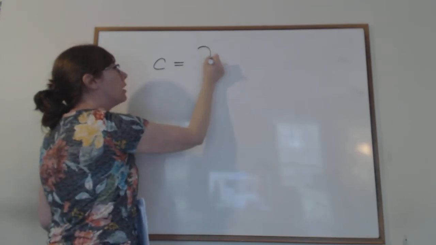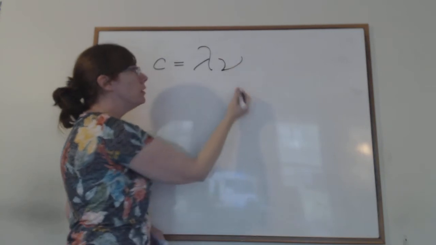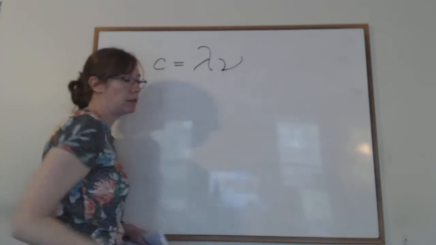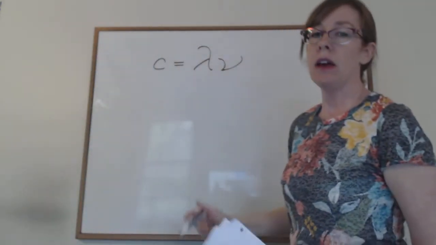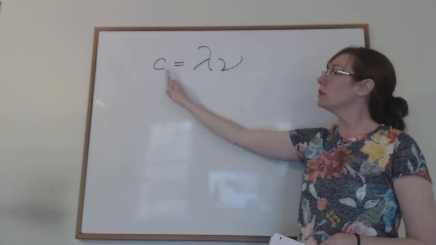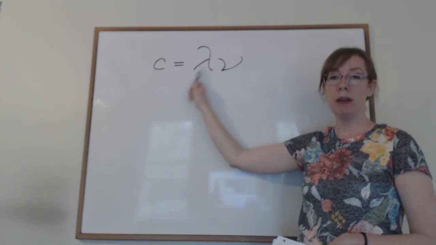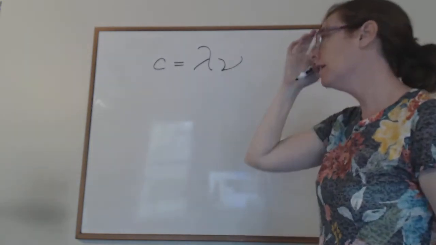C equals lambda, which of course means wavelength, times nu, which is frequency. You don't need to use the Greek letters, just know what they look like. So this is a relationship that you'll want to know. C stands for the speed of light, and of course that's wavelength, and that is frequency.